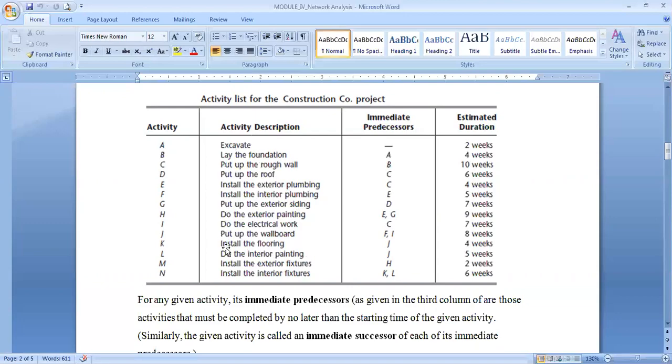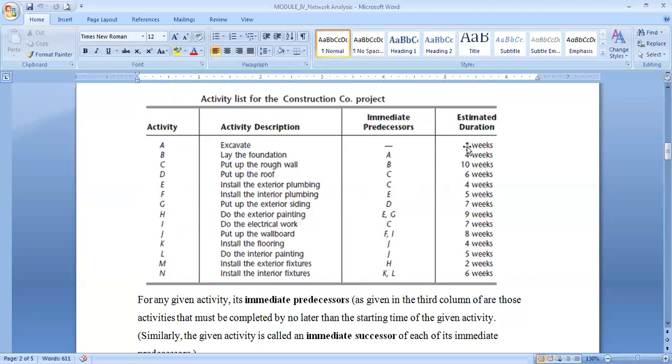So these are the list of activities. And you please see that in the third column, the immediate predecessors are given and the estimated time duration for each activity is given here. That is, excavation, 2 weeks. Lay the foundation, 4 weeks.